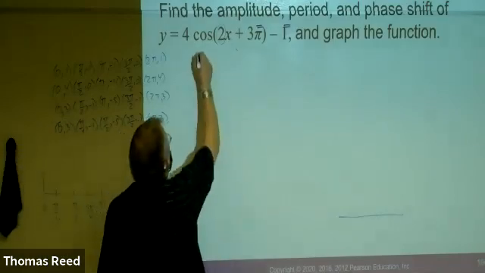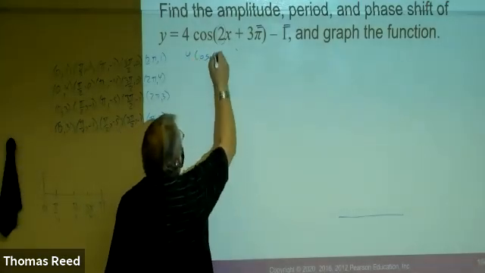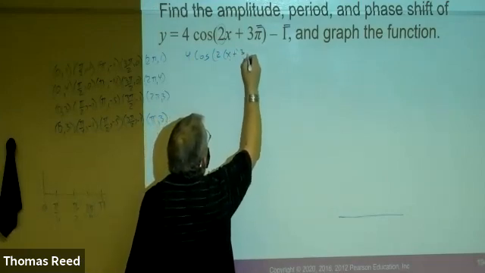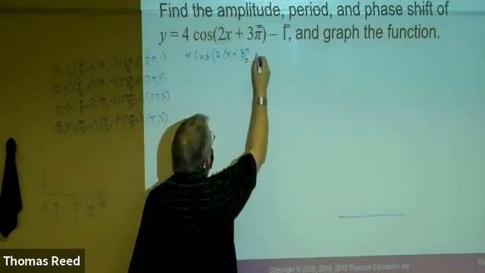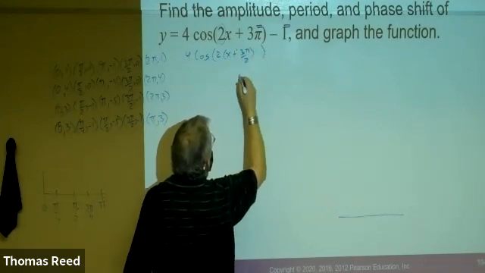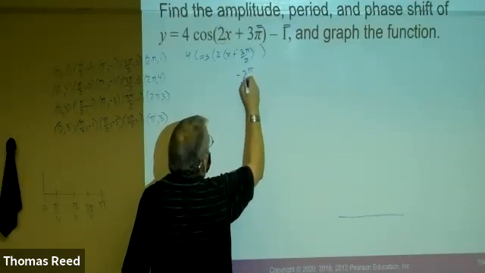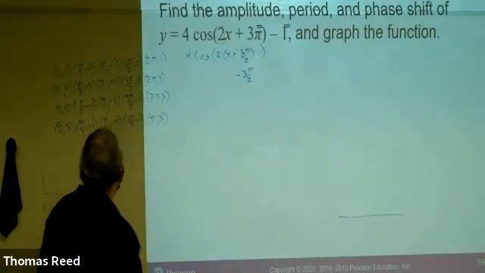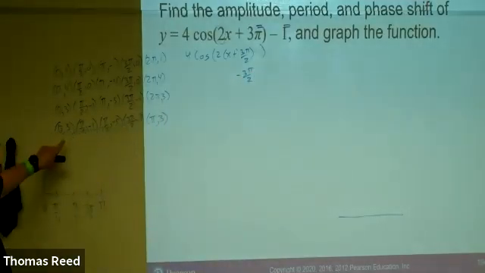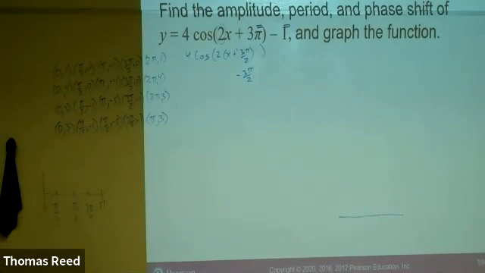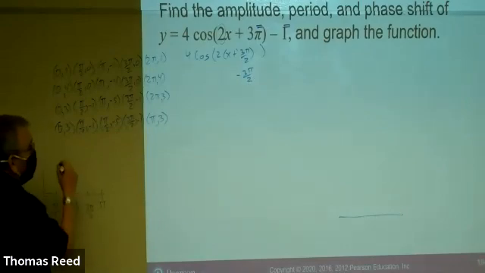Now, rewriting this as 4 cosine 2 times x plus 3 pi over 2, which means that the phase shift is a negative 3 pi over 2. So I add a negative 3 pi over 2 to each x value. Or I subtract it, if you want to look at it.